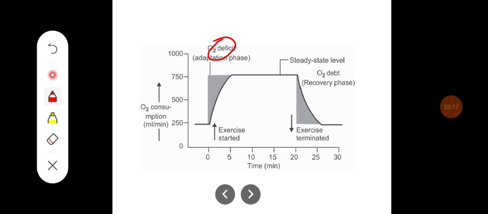But when the person suddenly stops exercising, the cardiorespiratory adjustment will not come readily to normal, and they will still utilize oxygen, and this is called the oxygen debt. That is, the oxygen deficit which is created in the initial stage of exercise will be recovered after the exercise.